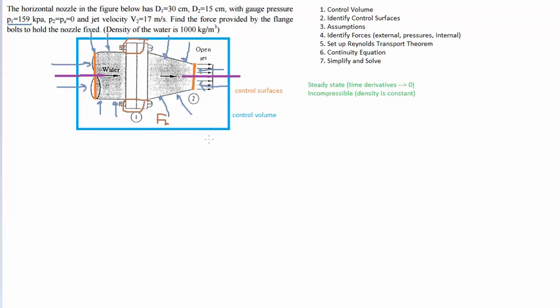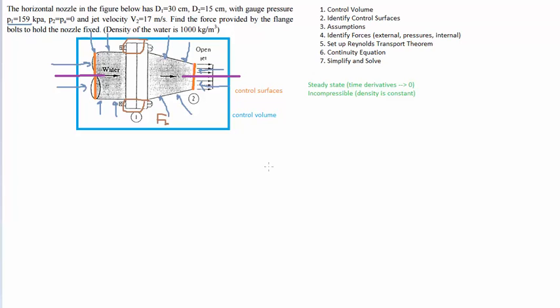Well, you know that the differential pressure across your entire system is going to be 400 minus 100, so that's 300, and then you basically simplify it by calling the left-hand side 300 and the right-hand side 0. That just helps you simplify the left-hand side of your Reynolds transport theorem later on. You'll see that I'll point it out again, so don't worry too much if you don't really understand that now.